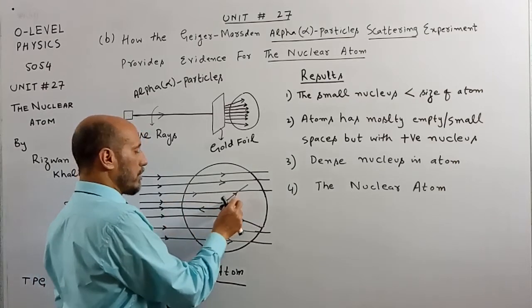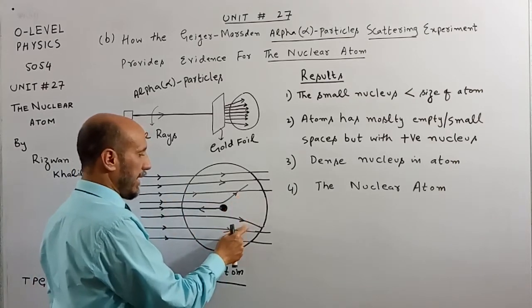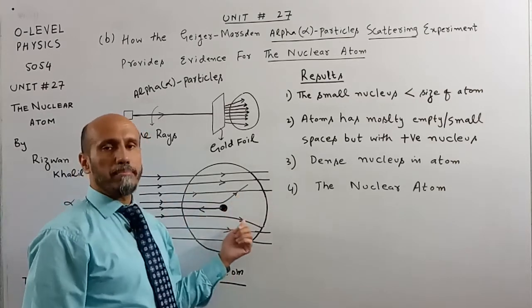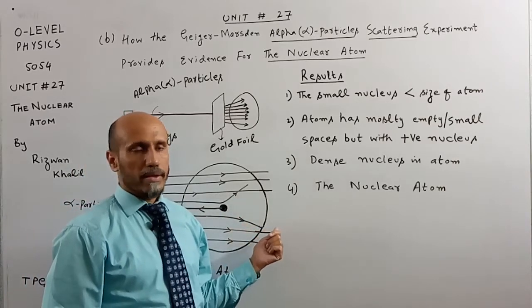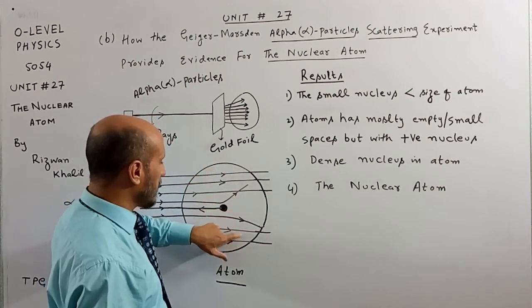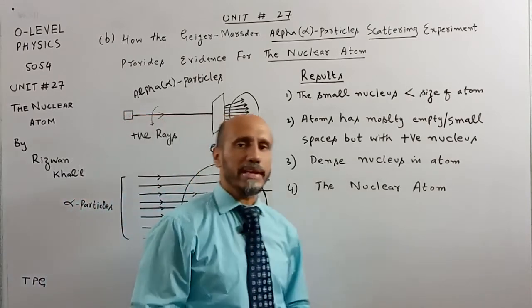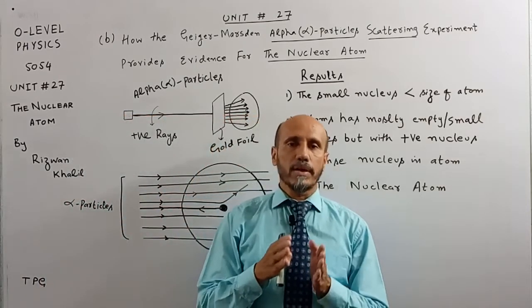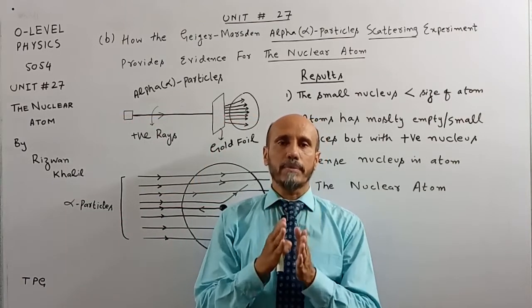This ray has shown a bit of deflection over here, and this ray also has shown a bit of deflection over here, and these rays were undeflected, unscattered, or in other words we can say that these rays were traveling in a straight path.